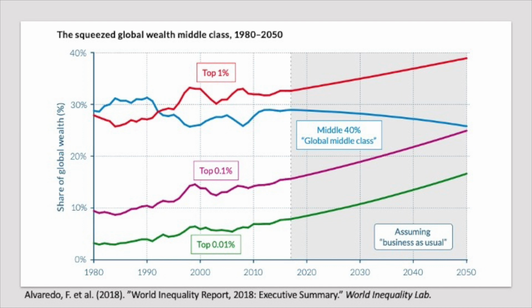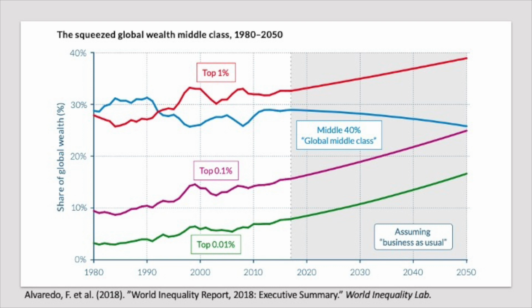So the top 1% in terms of wealth in the world have over 30% or 33% of the world's wealth. That's a huge number, right? Meanwhile, we see that the middle 40% of people in the world, this is our global middle class, in 2017 had under 30%, probably around 28, 29% of the global wealth.